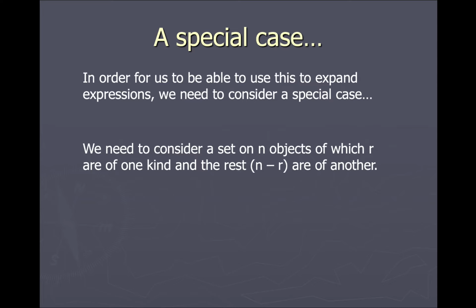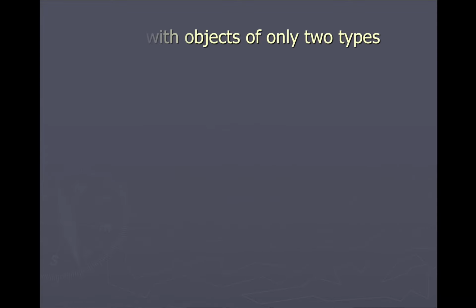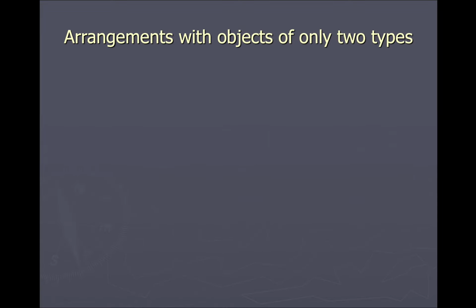In other words, we have only 2 different types of objects. For example, 5 A's and 3 B's. Arrangements with objects of only 2 types.